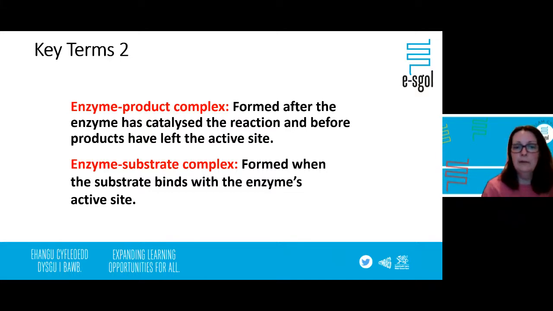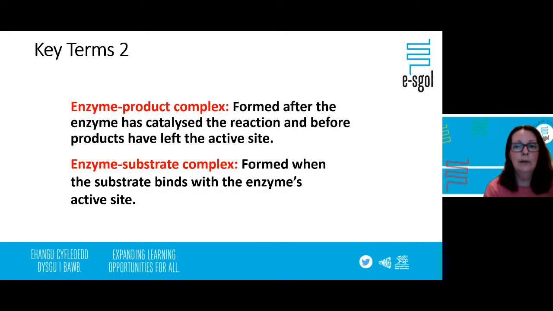Now, you'll be familiar from GCSE with the enzyme substrate complex, which is what's formed when the substrate binds with the active site. But we've got a different term here that is new to us here at AS level, and it's called the enzyme product complex.